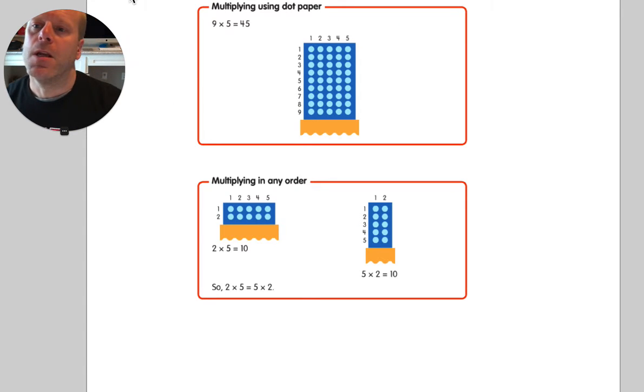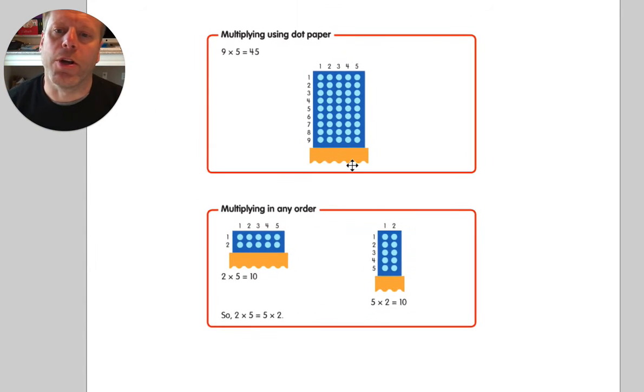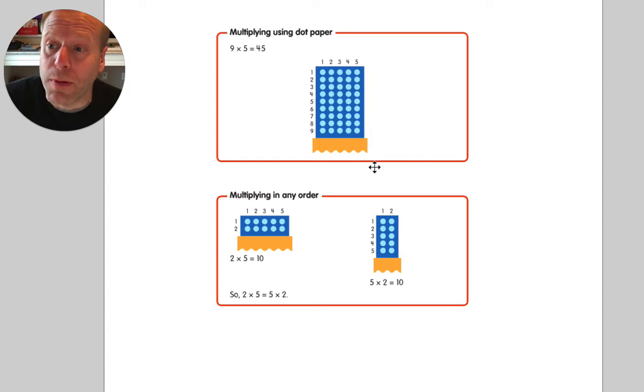One of the things I wanted to call your attention to is that multiplying doesn't always have to happen by skip counting. The other way you could multiply is to use a model. One of the models that is readily available is called dot paper.